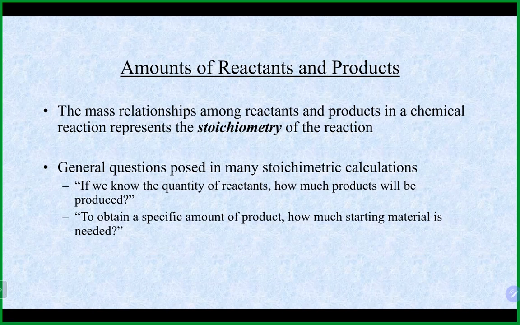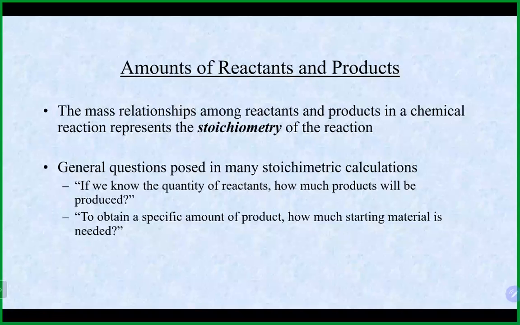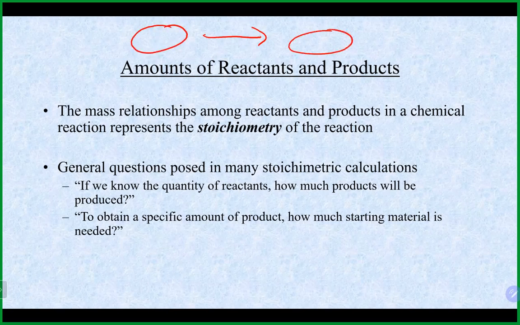One important thing about stoichiometry, as we'll talk about in a second, is that it allows us relationships from reactants to products. We could go from reactants to products. We could go from products to reactants. We could stay on the reactant side and do stoichiometry calculations between two reactants. We could also stay on the product side and do stoichiometry calculations between a couple of products, if we have a couple of products.